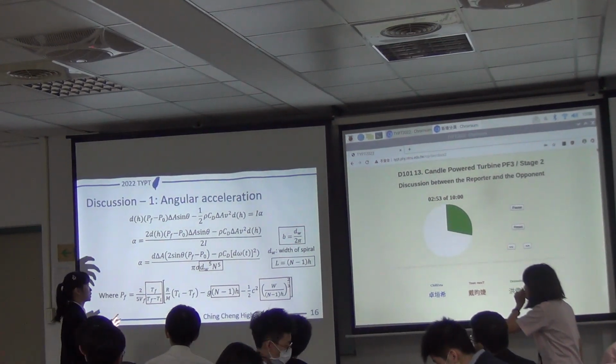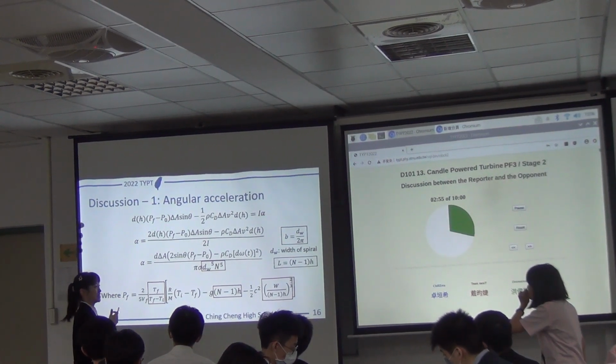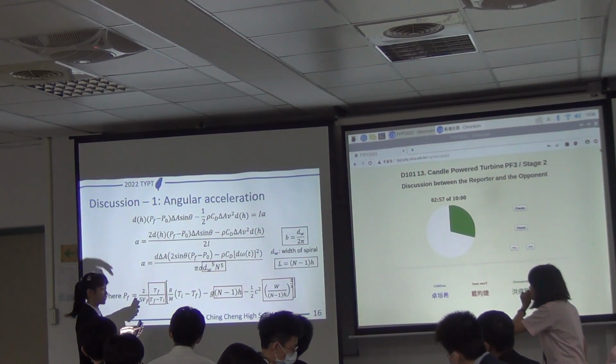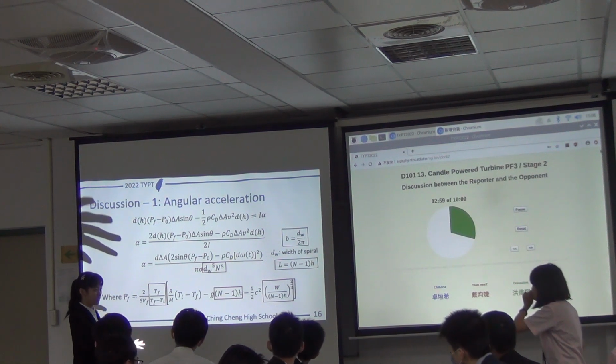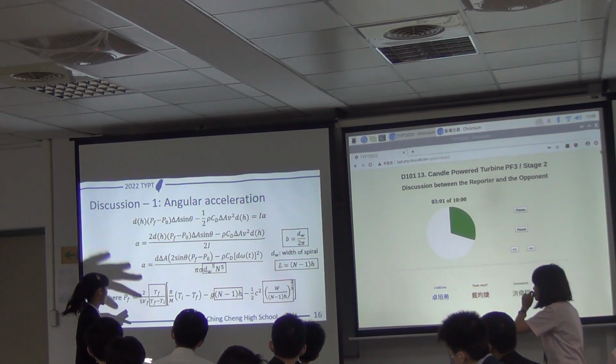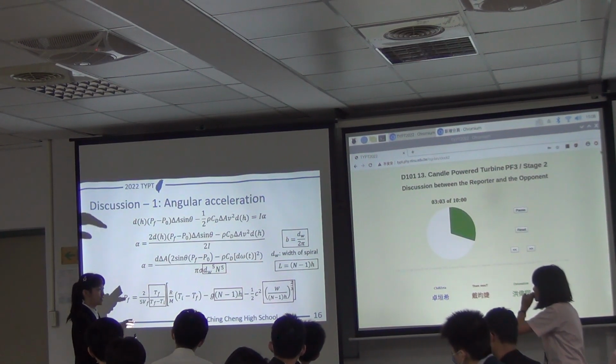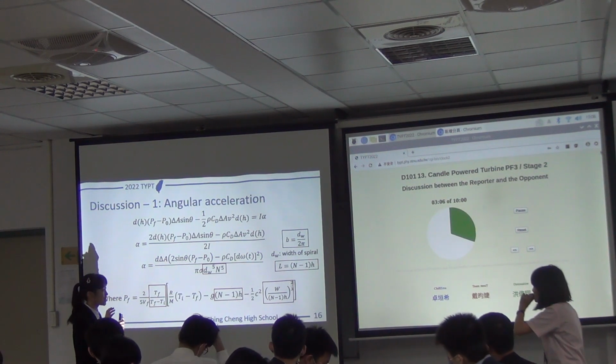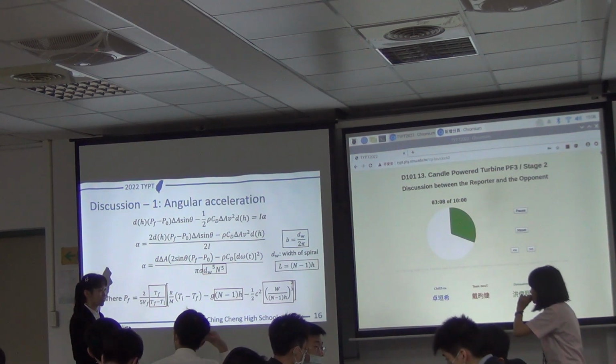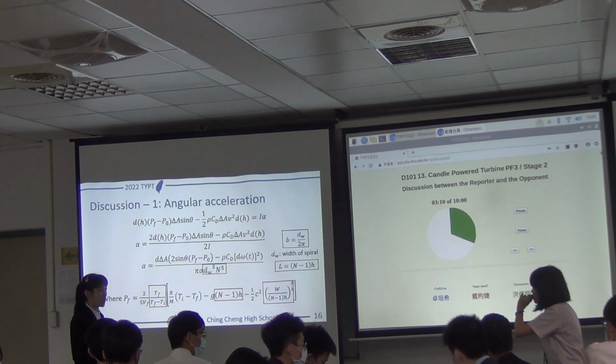Now we use a machine to measure the temperature of the candle, and initial means the initial temperature of the candle, and after it becomes stable, we measure the temperature again, and that is the final temperature.